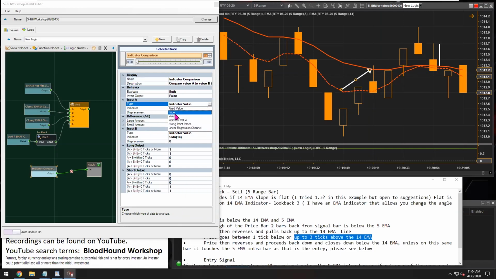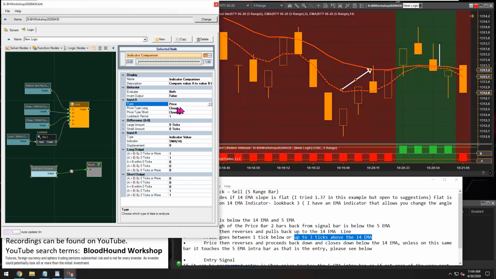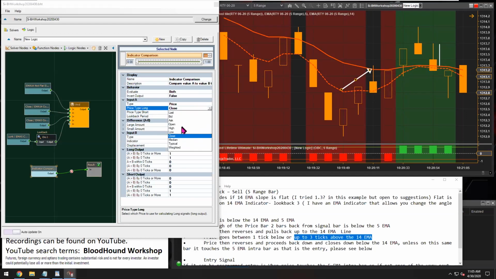So let's switch our input over to price. For a short situation, we're going to be looking at the high of the bar. The high of the bar. And if it's a long signal, we'll be using the opposite, so let's plug in the low of the bar.